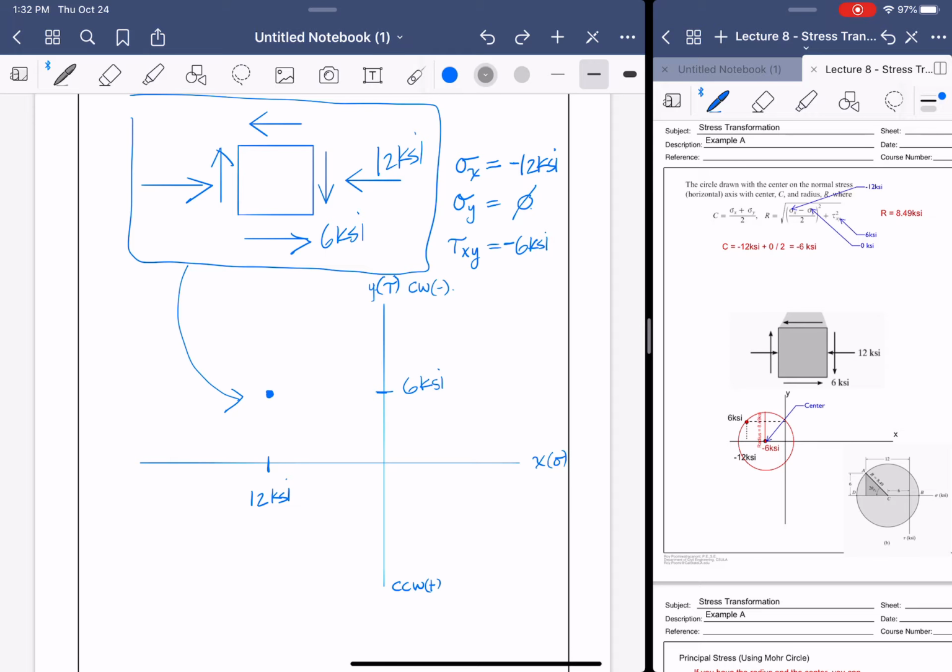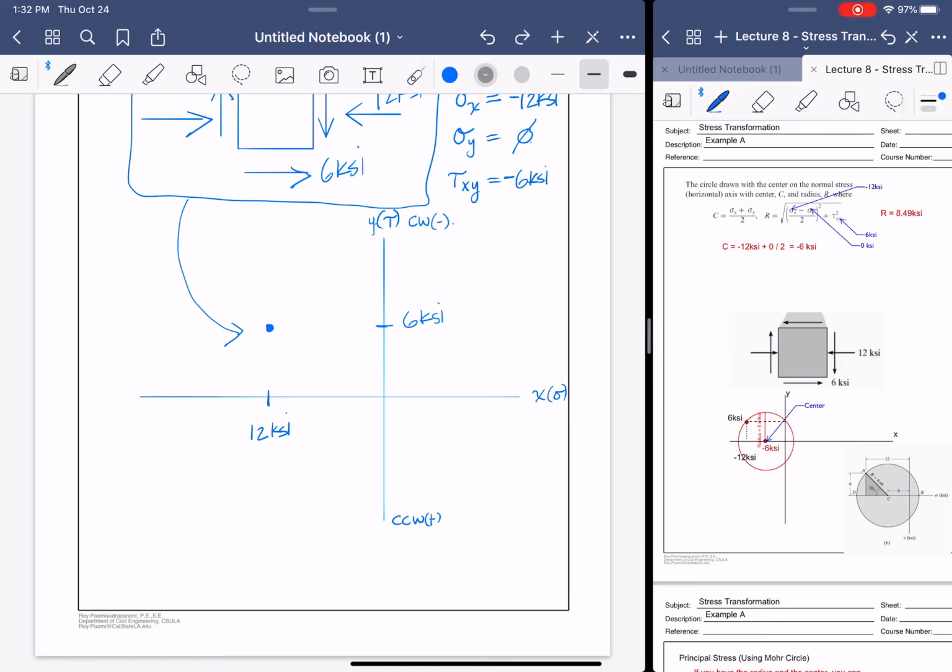Okay, so now we're going to draw the rest of the circle. To draw the rest of the circle, we need to know where the center is, and we also need to know what the radius is. So what is the center?